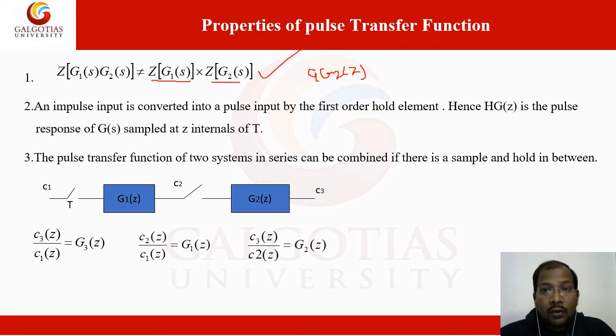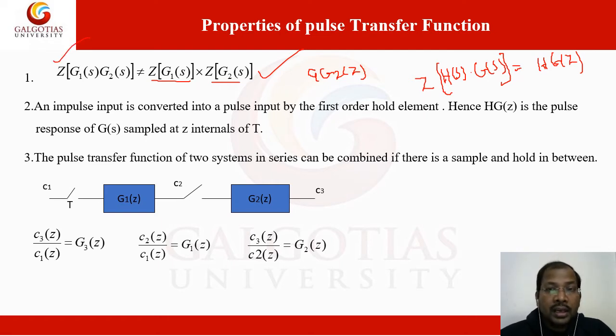So when we take the sample and hold circuit together with G of S and take the Z transform of this product transfer function, we write HG of Z. If we take the separate Z transforms of H and G, we cannot get the same result. That's why they have been written as discussed in the previous slides.